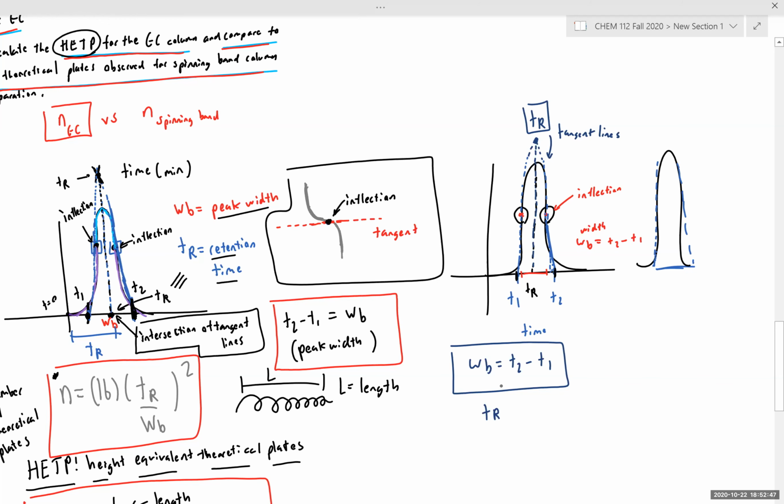And we can then calculate our peak width using the start and end of our peak. Additionally, when our 2 tangent lines meet, that gives us the retention time, which is very close to the center of our peak. So we can record the peak width and record the retention time.